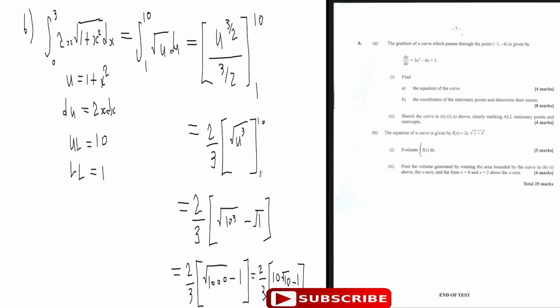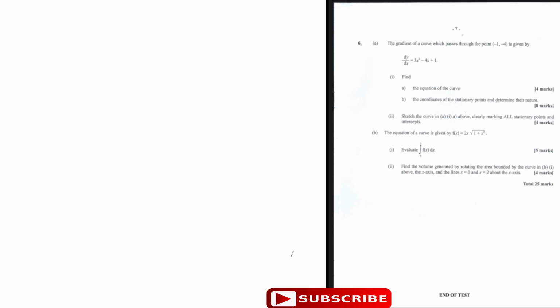Nice. Okay, let's continue. It says find the volume generated by rotating the area bounded by the curve above, the x-axis, the line x equals 0 and the line x equals 3. So remember, volume around the x-axis is equal to pi times the integral of y squared dx.